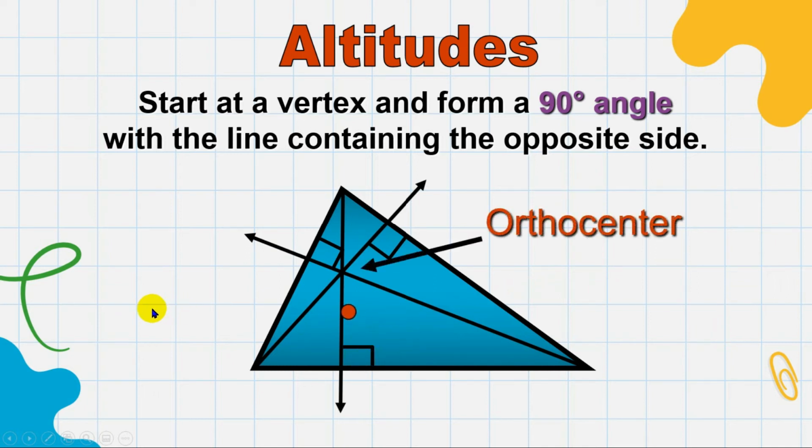Okay. Kung ang medians, ang point of intersection ay tinatawag na centroid, dito ang tawag natin ay orthocenter. Okay? So, kapag wala tayong point of intersection na orthocenter dito sa altitudes, that means meron tayong mali na pagkuha or pag-measure ng ating perpendicular lines. It is important again to use the proper tools para yung orthocenter ay talagang matagpuan natin.